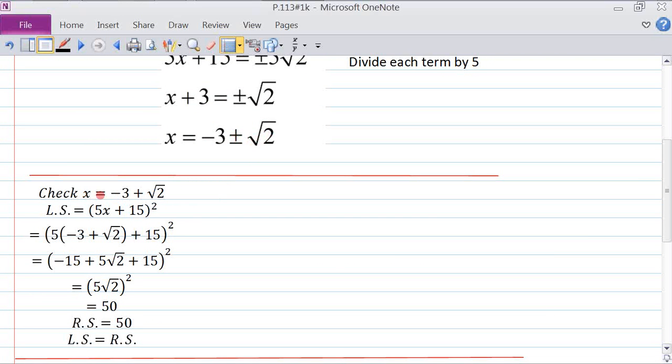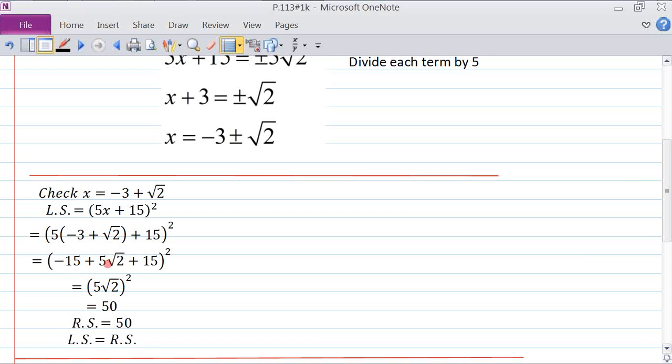If I go back, here's the solution, and I put this back into the left side, (5x + 15) squared. I get 5 times minus 3 plus root 2, which is x. So I'm replacing the x by this. Plus 15 is this term right here, and then I'm squaring it. So now 5 times minus 3 is minus 15. 5 times plus root 2 gives me 5 root 2.